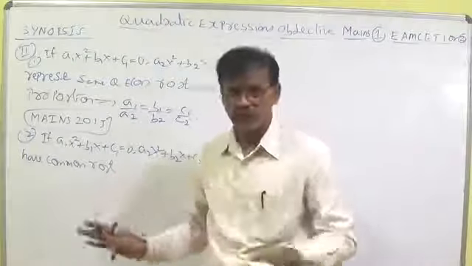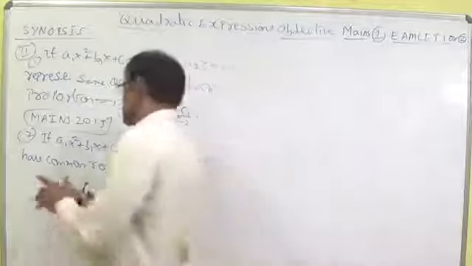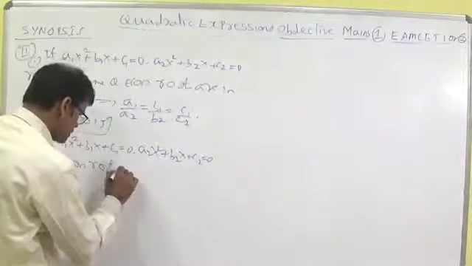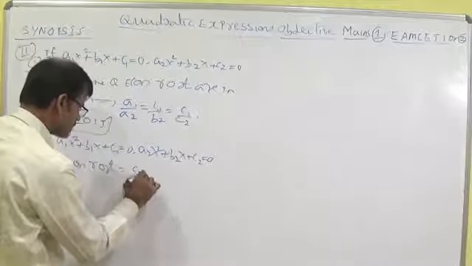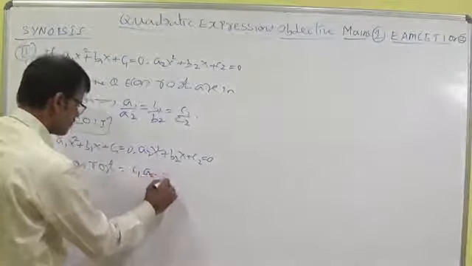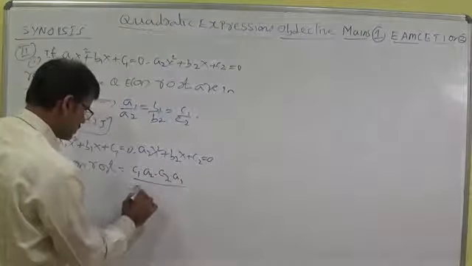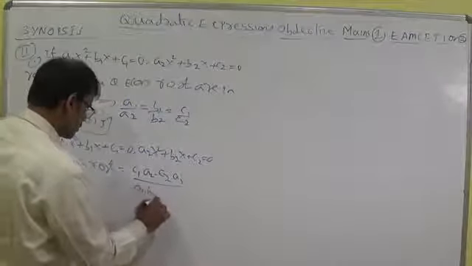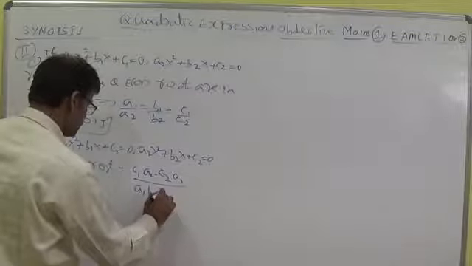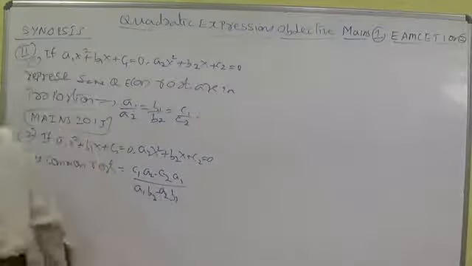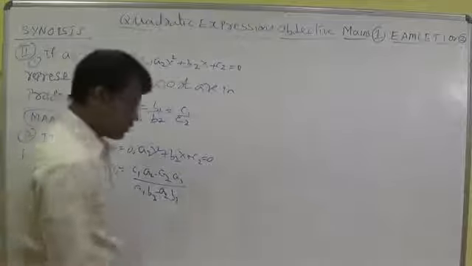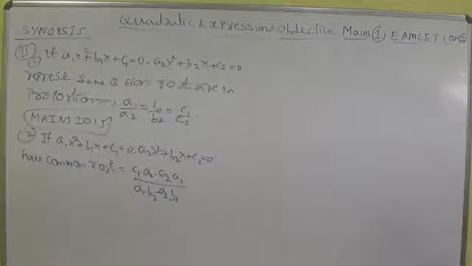Now I am not going to discuss the proof. The common root, we can simply say, is c1a2 minus c2a1 by a1b2 minus a2b1. This is the property: the common root of the two quadratic equations.